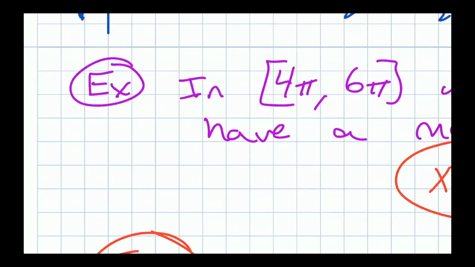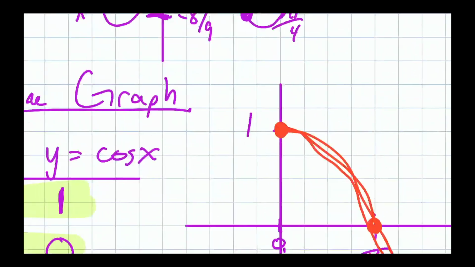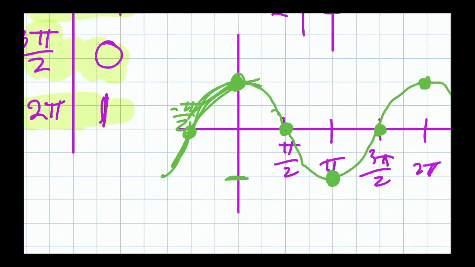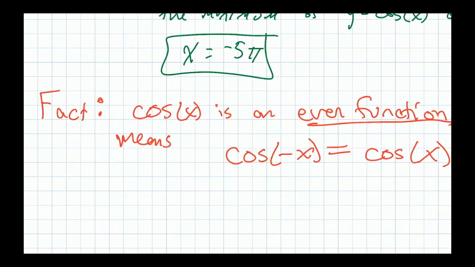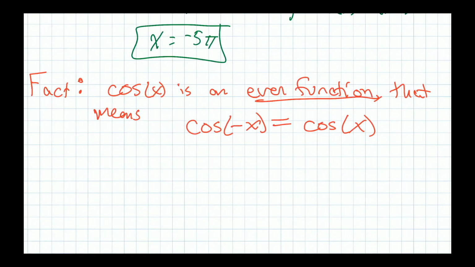Whereas if you look at what a cosine does, which is here, if the right side of 0 is positive, the left side is also positive, right? They're both above 0 at the same time. And so that is why it's even.